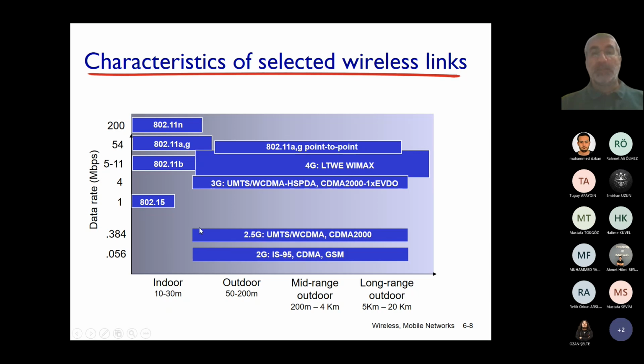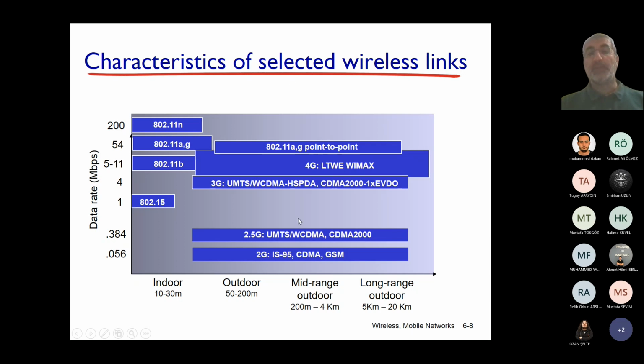Let's look at outdoor, long range or mid range technologies, such as GSM, which is called 2G. In 2G, we have different technologies such as IS-95 from the US, CDMA, and GSM. And we have 2.5G UMTS wideband CDMA, CDMA 2000, and 3G technologies, CDMA 2000, 4G, LTE, WiMAX, and so on.